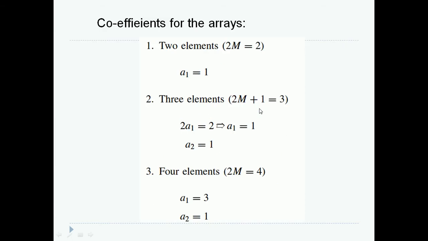Now for example, let us consider a 2-element array for which 2m is equal to 2.